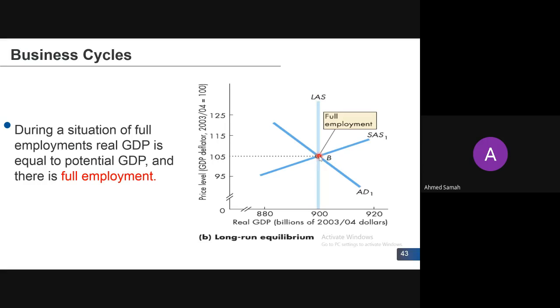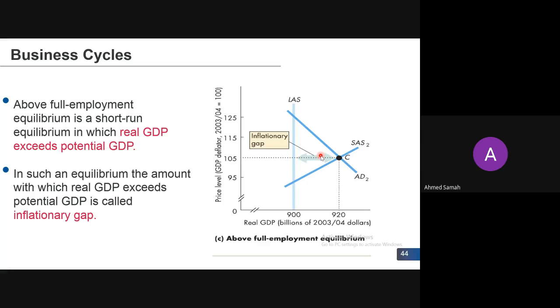So all three are equating at this point. So this is the long-run equilibrium, where we are operating at the full employment level and achieving the potential GDP level.